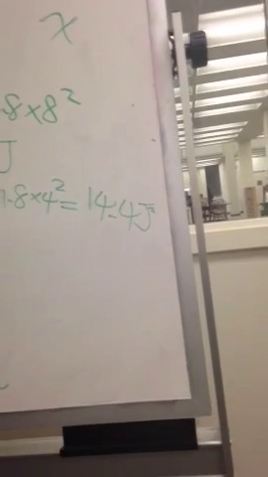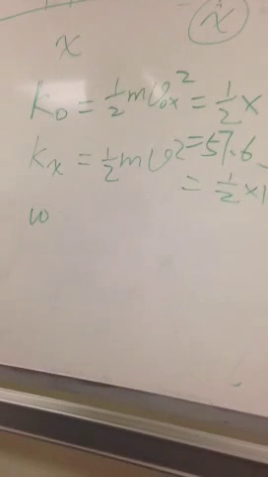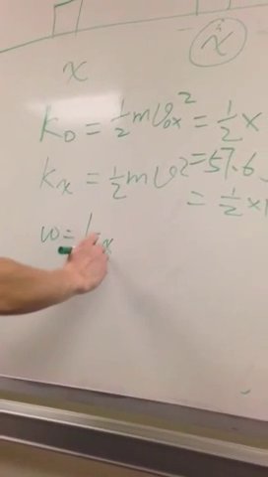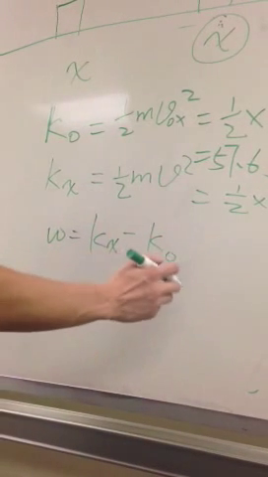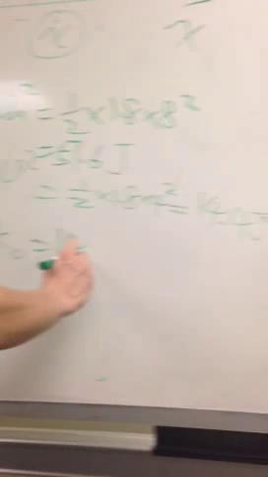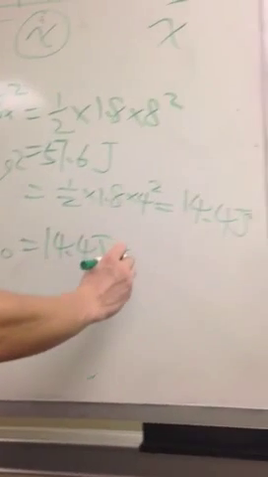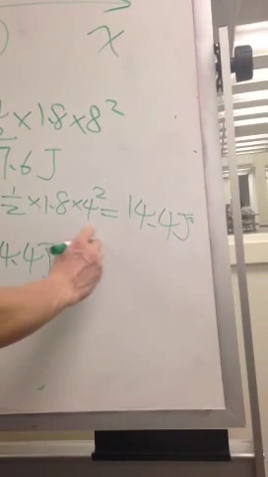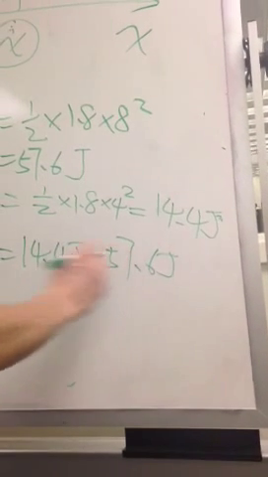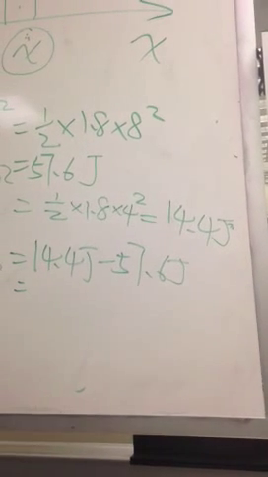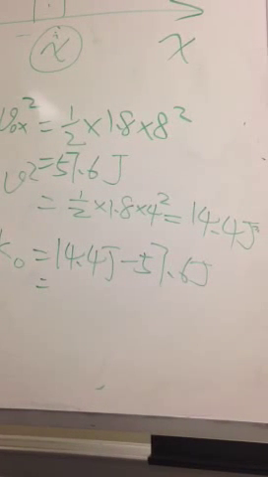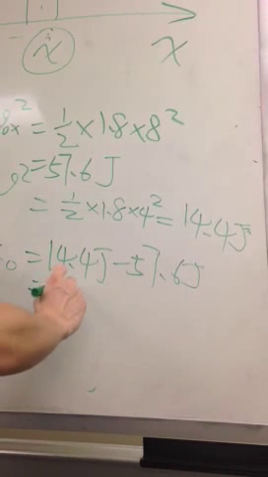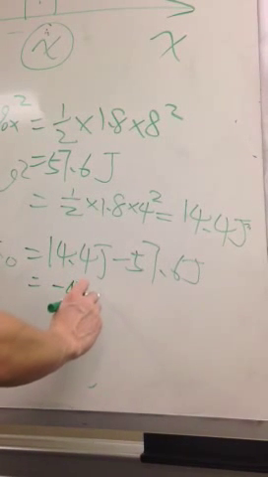So we know how much work the force did, because it's the change of kinetic energy. You just use 14.4 minus this 57.6, and it will be negative 43.2.